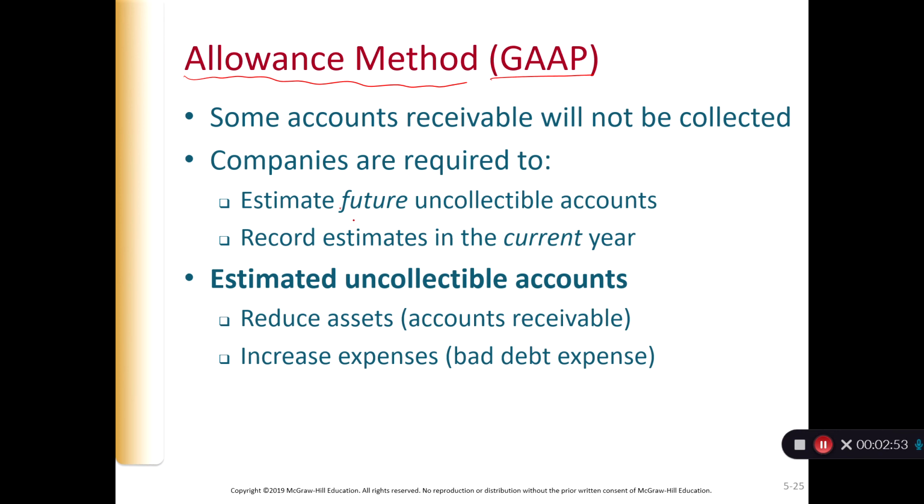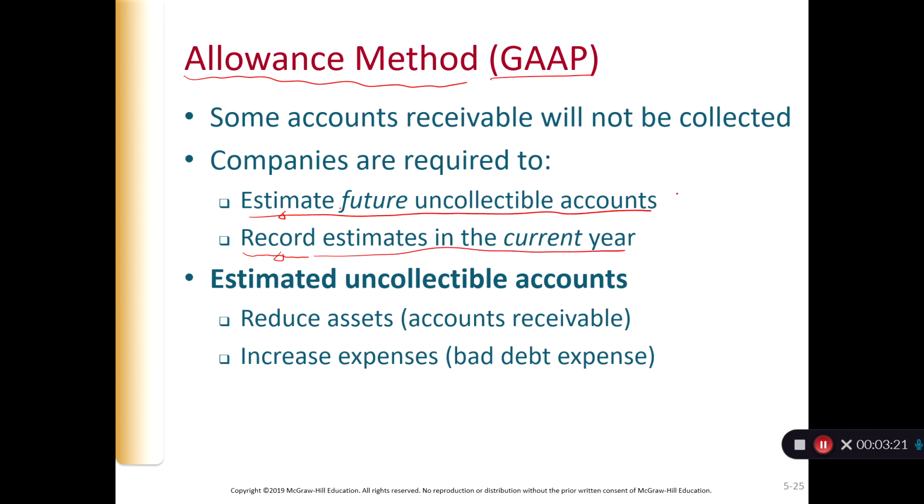Okay. In other words, first of all, you will estimate how much you are not able to collect, while you will not even know whether it's going to be collectible or not. And not only do you have to estimate it, you also have to record this estimation in the current year.